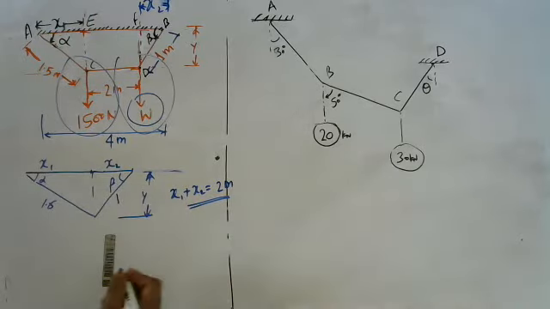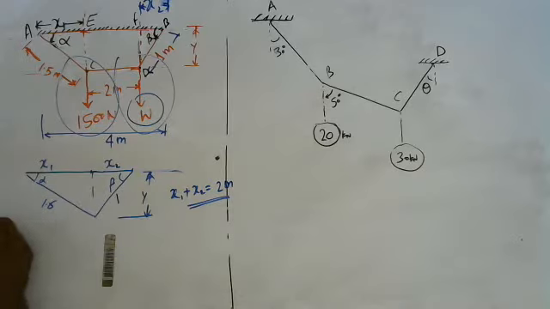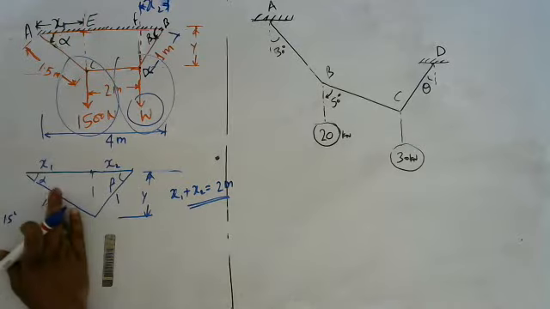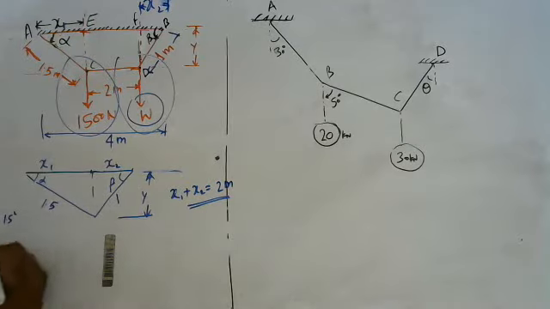So first, using Pythagoras I can write x1 square plus y square is equal to 1.5 square. From here I can write y square is equal to 1.5 square minus x1 square.